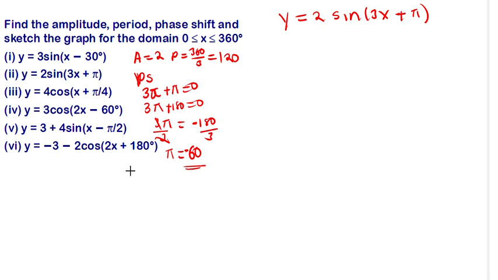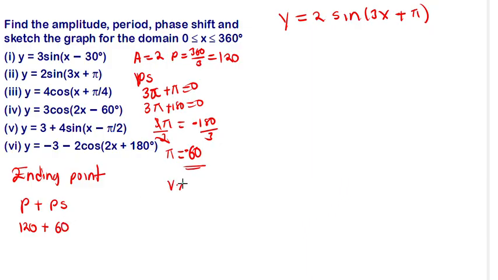Now let's look at what is your period, what is your ending point. The ending point of the single graph will be what? Period plus the phase shift. So what's the period? It is 120 plus what's the phase shift? The phase shift in this situation is 60.